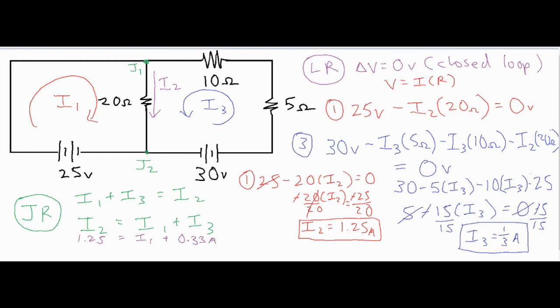So I went ahead and plugged in my I2 of 1.25 amps. My I1 is my unknown. And then I took the 1/3 for my I3 and approximated it in decimal form, and I just called it 0.33 A. So when I subtract 0.33 from both sides, then my I1 is going to come out to 0.92 amps.